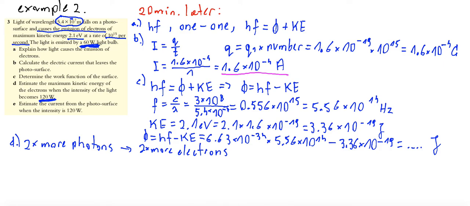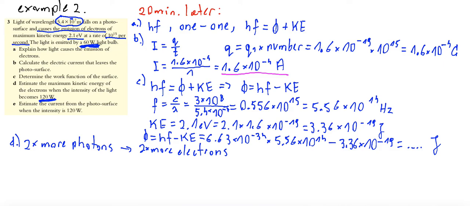Each photon has the same energy, but we have 2 times more photons in the stream. So 2 times more photons can remove 2 times more electrons, but each removed electron has the same energy, because intensity doesn't influence the energy of a single photon, so it doesn't influence the energy of the emitted electron.